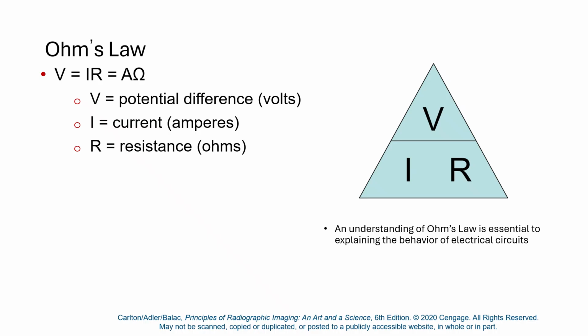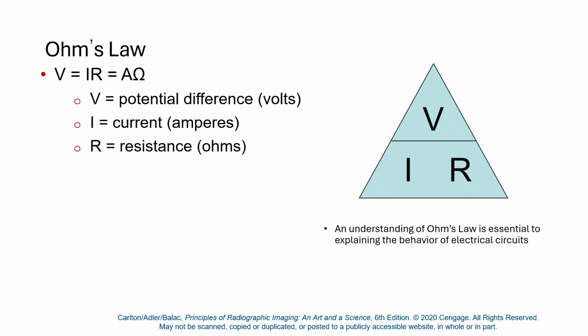But we're in X-ray school, and we use technique, which is kVp and mA, and so we're used to the A, and so I've written Ohm's law for the X-ray curriculum as V equals A times omega. And that's how you'll see it on my quizzes, because I want you to think of kVp and mA when you see this formula.